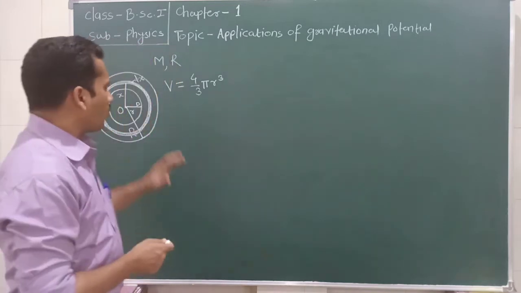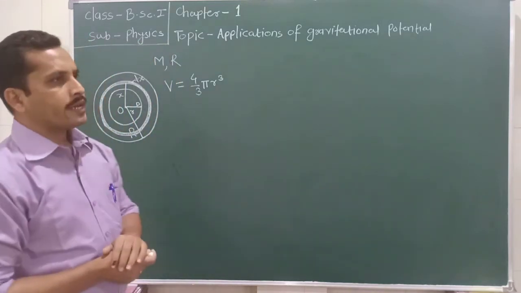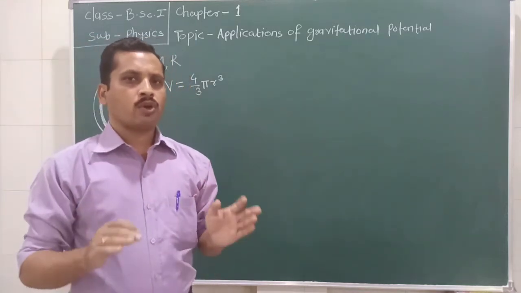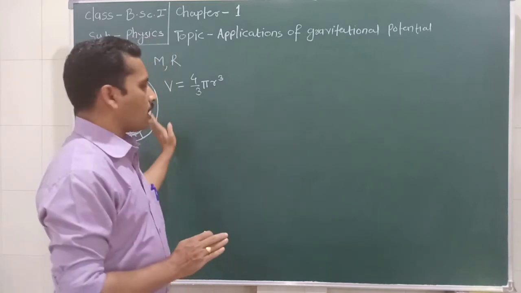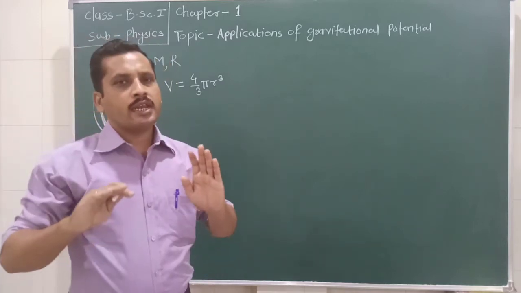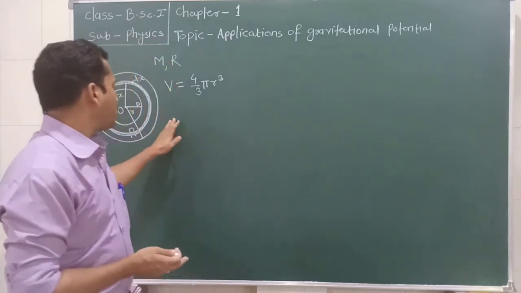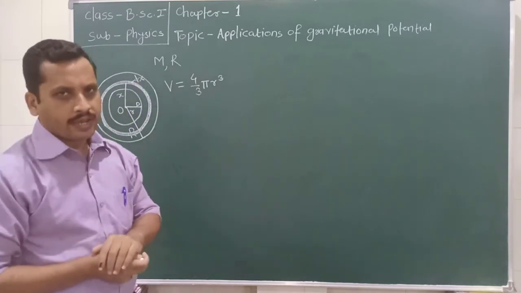So how can we calculate the gravitational potential? We are calculating two potentials. First, due to the inner solid sphere having radius small r, and then we find the potential due to the shells having thickness dx.